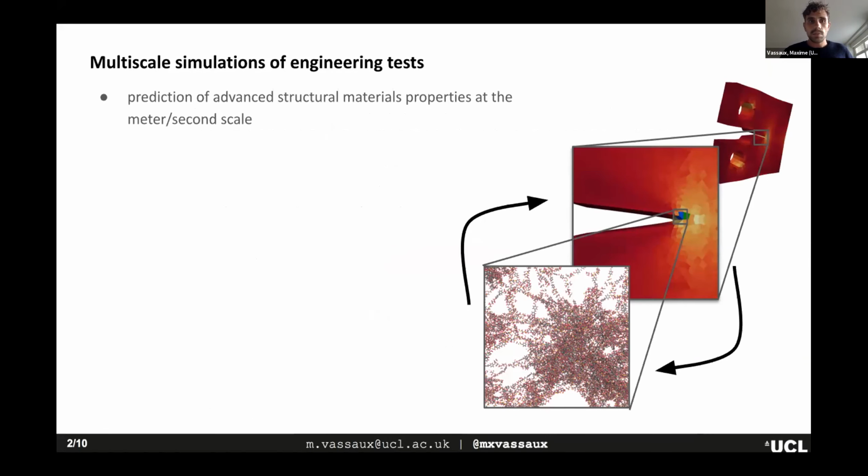So if you want to perform an engineering simulation or predictions of the results of engineering tests, such as what we call a compact tension test that you have on the top right here, at some point you'll need information about the behavior of the material.